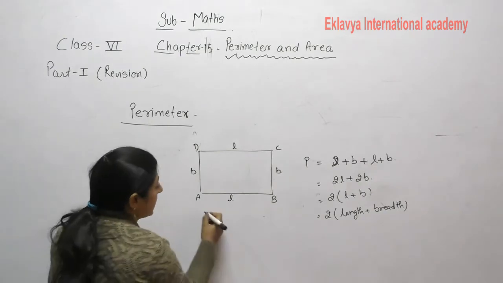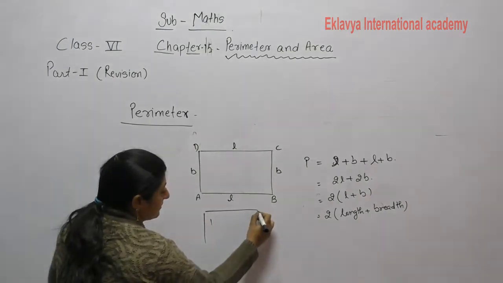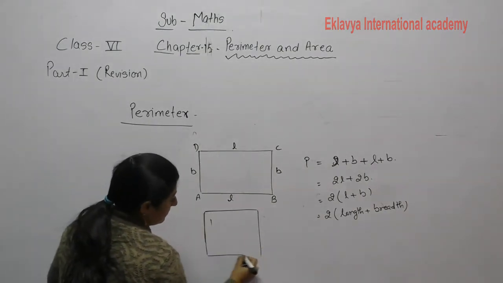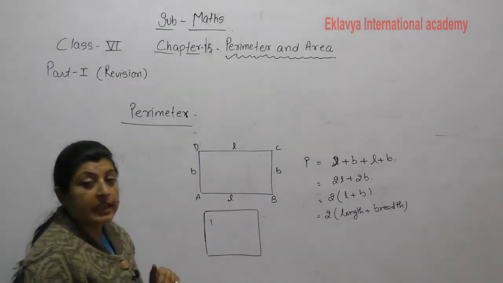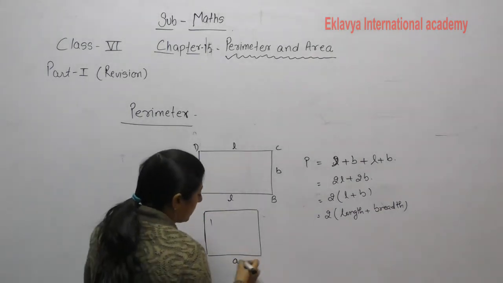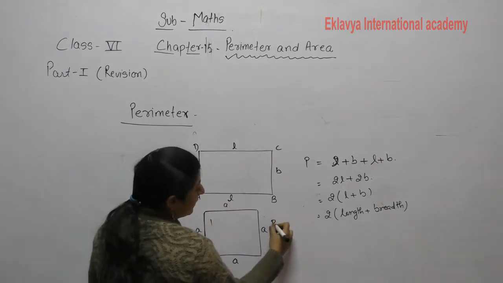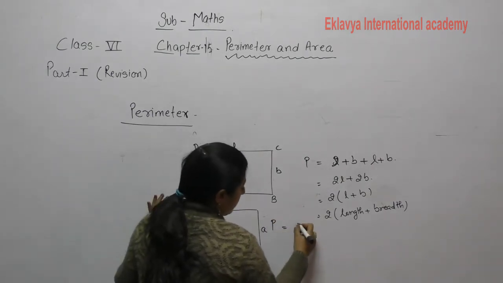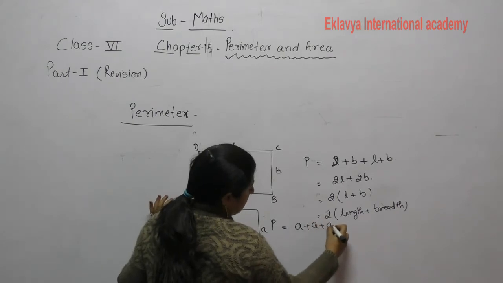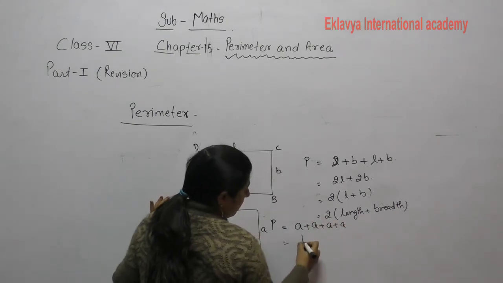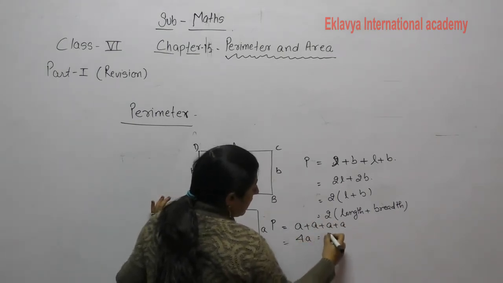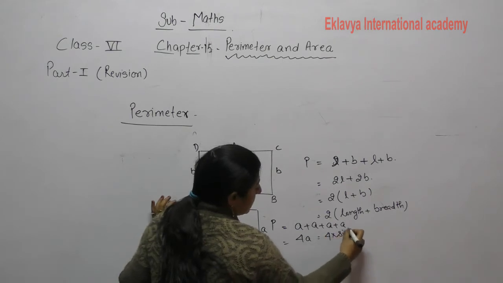If it is a square, in the square we know that all the sides are equal. So what is the perimeter of the square? A plus A plus A plus A, 4A, it means 4 multiplied by side.